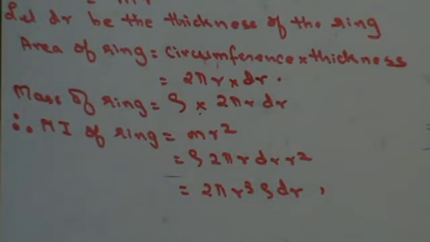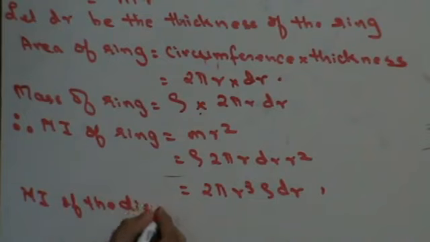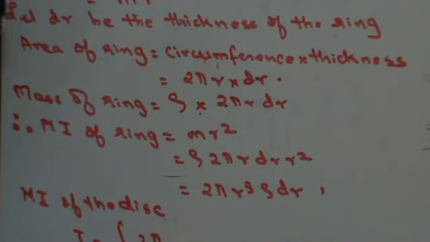The disc can be considered to be made up of multiple such concentric rings. Therefore, I can say that the moment of inertia of the disc is nothing but the integral of the moment of inertia of the ring, 2 pi r cube rho dr.